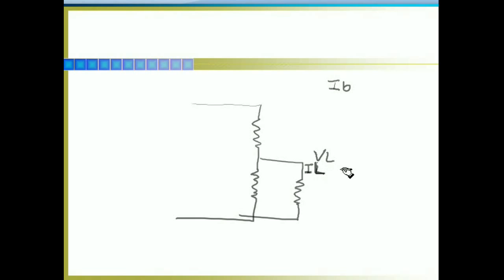So I need to know if it's going to run at 12 volts and 40 milliamps or 2 amps or whatever. If I know those, I can calculate my bleed current, because my last resistor in line here, the current going through him, is simply going to be your bleed current.